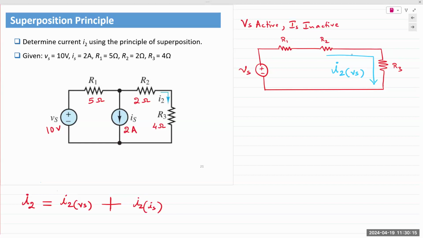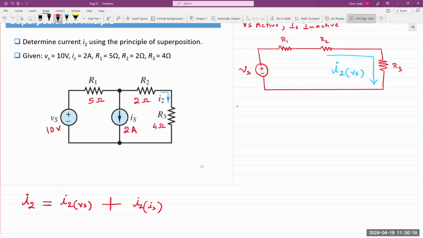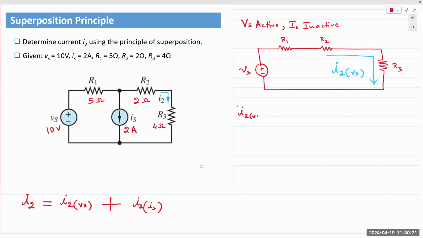One-step answer, I can write I2 due to Vs is simply given by Vs over Req. In this case, Req is R1 plus R2 plus R3, which is 10 volts divided by 5 plus 2 plus 4, 11 ohms.